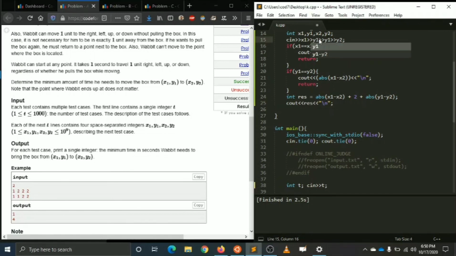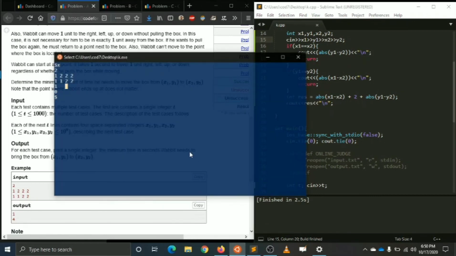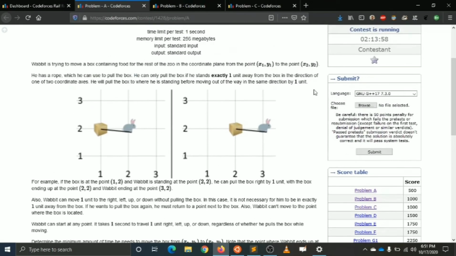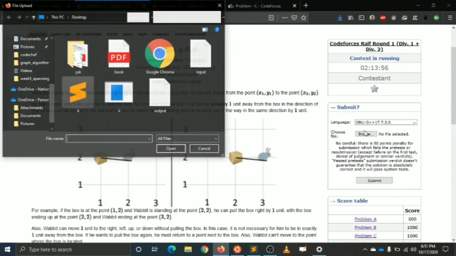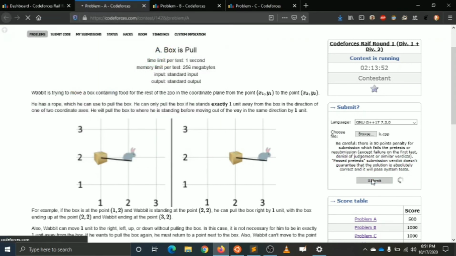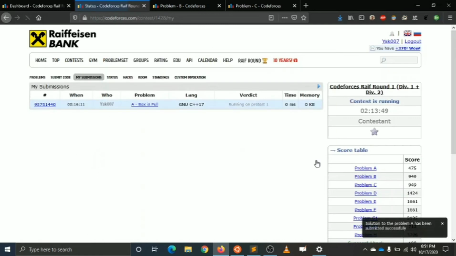So what you have to do is show everything you are doing. I think now it will be okay, done.